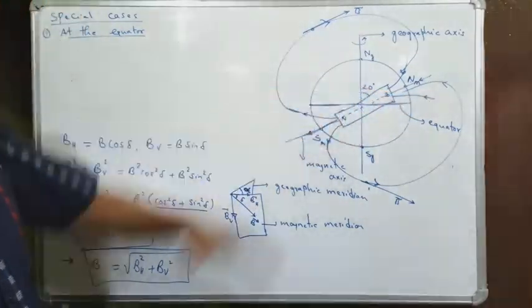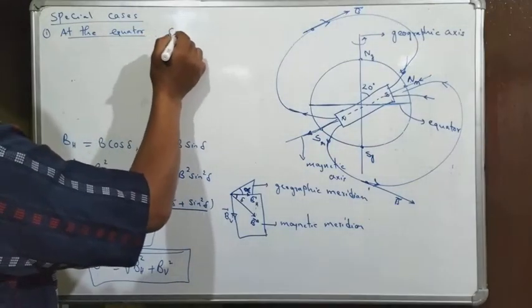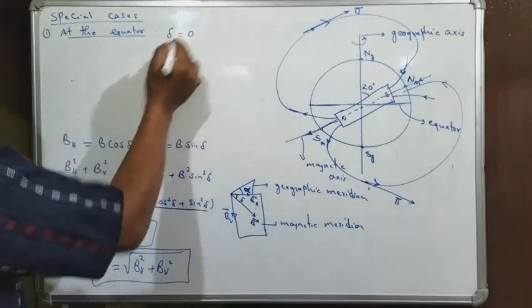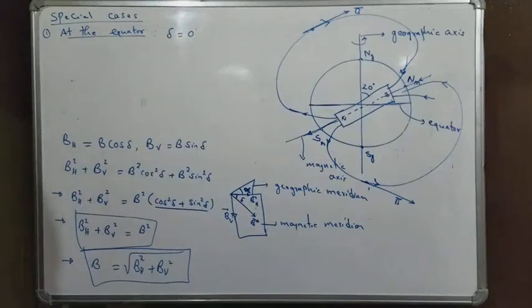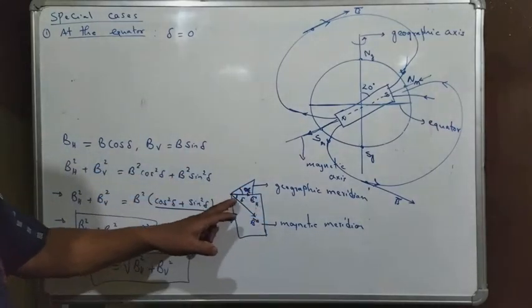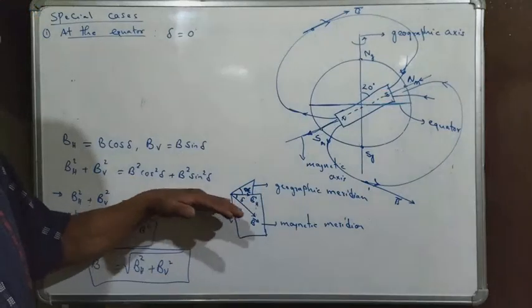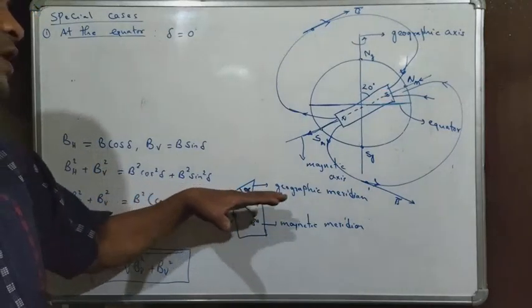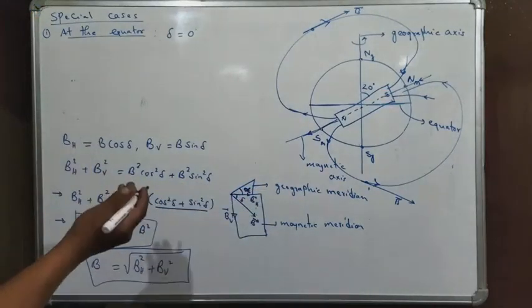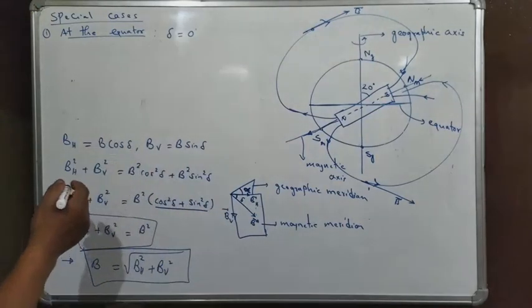Along this line, delta is equal to 0 degree. Because along this line, this angle delta is 0. So when delta is 0, how much is the total magnetic field along the equator?